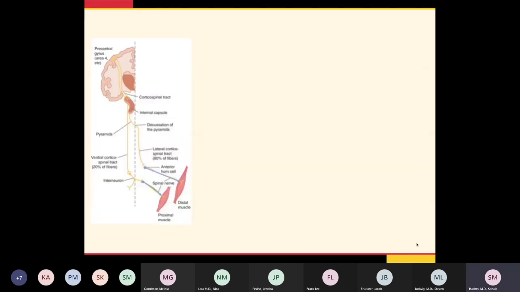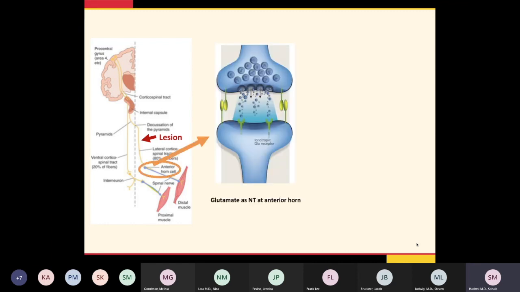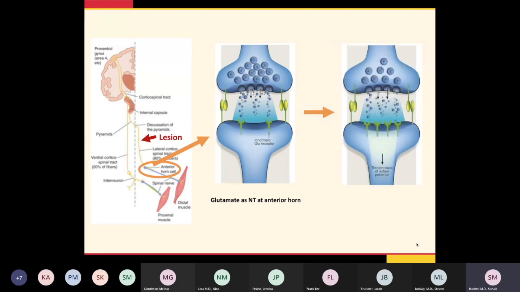Going through that pathophysiology, if there's a disruption and a lesion in the lateral corticospinal tracts, and the anterior horn cells are then affected at the biochemical level, the glutamate at the neuroreceptor level in the anterior horn is going to be affected by having postsynaptic upregulation, and there's decreased presynaptic glutamine release.